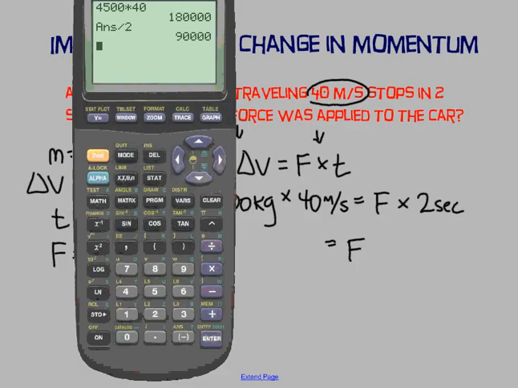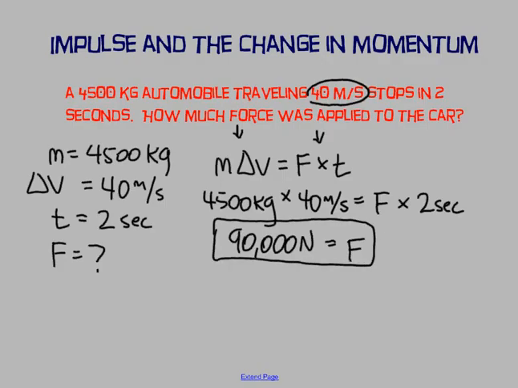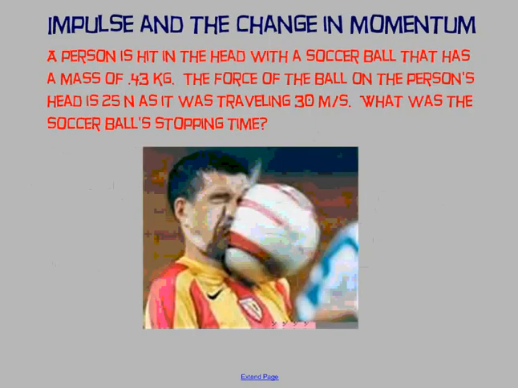We're going to get 90,000 newtons. So 90,000 newtons would be our force. We can realize that the applied force to the car was 90,000 newtons. That force was applied over 2 seconds, and that set our impulse equal to our change in momentum.